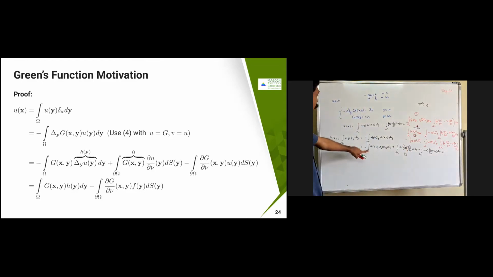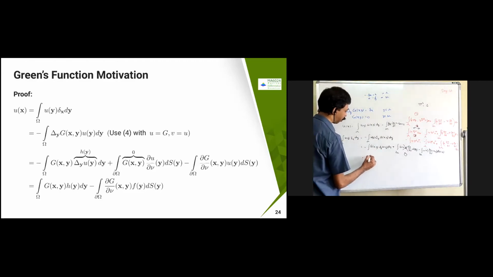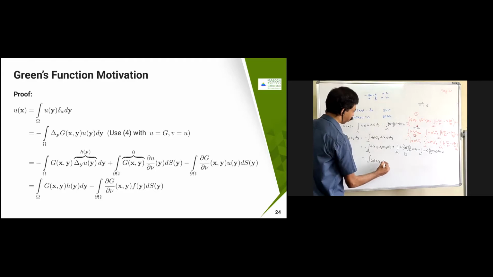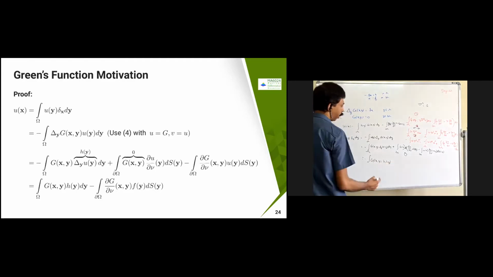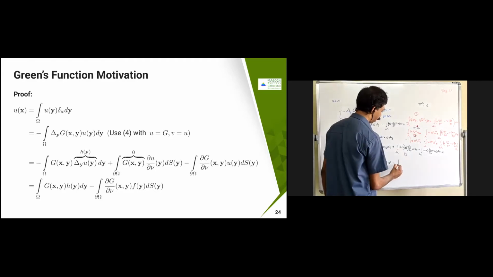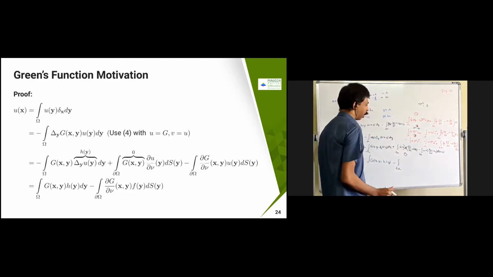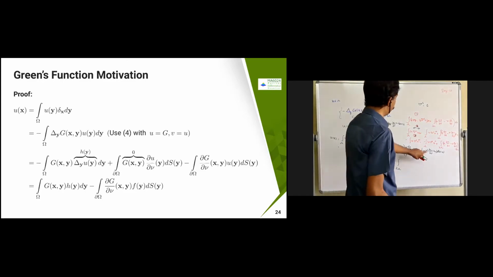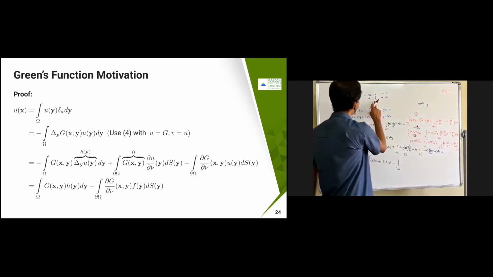And del y of u is nothing but this one, so therefore this is going to become h of y. So minus g, this is over omega, minus g of x,y. I'm just applying this one. Therefore this is going to become h of y, minus integral over the boundary. Now what is u of y? This is on the boundary, that is nothing but f of y.